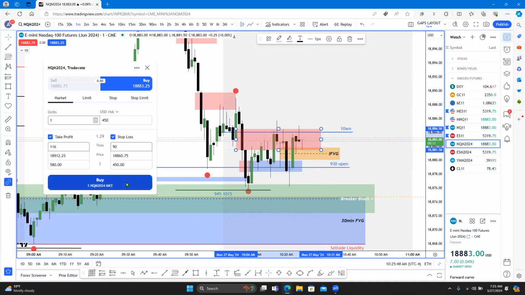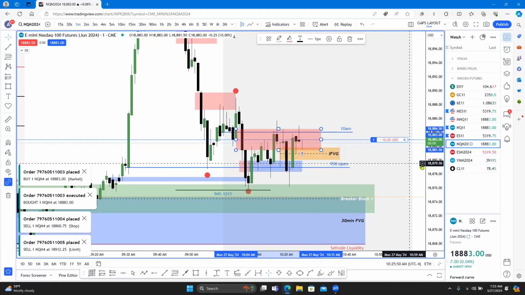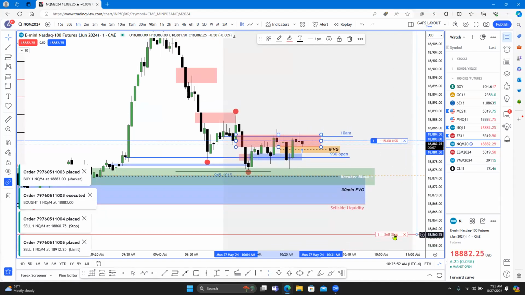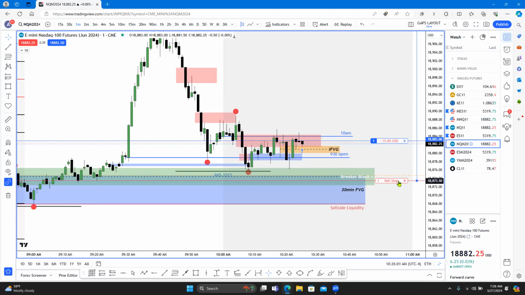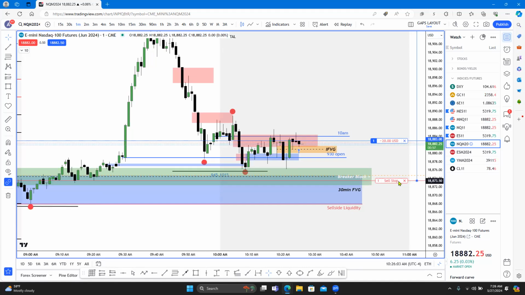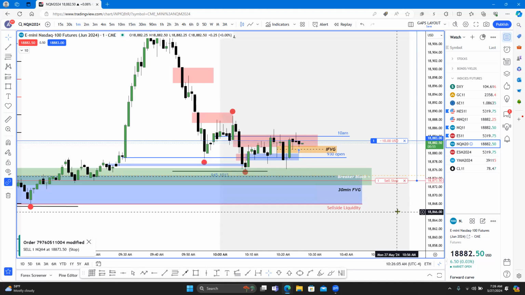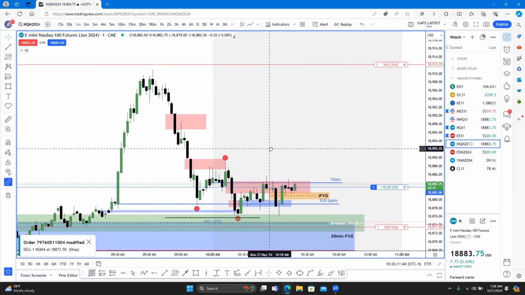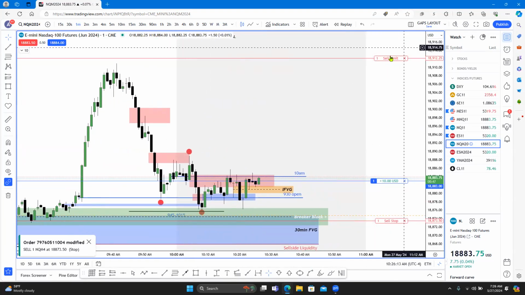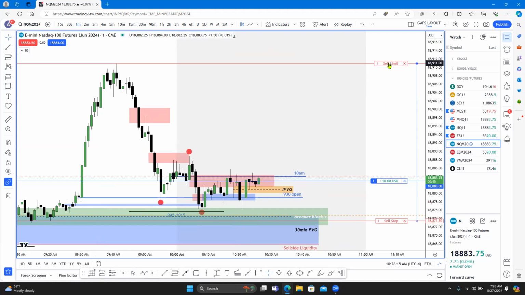But I'm going to take one small buy here, and I'm going to put my stop just under the breaker here. Buy side there.